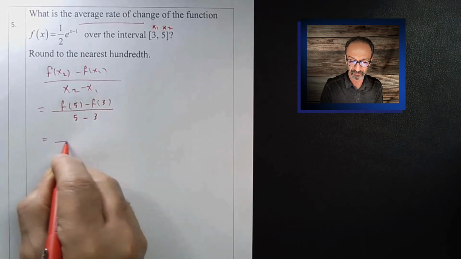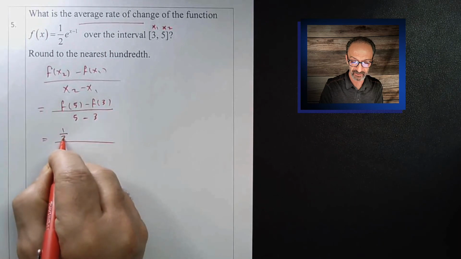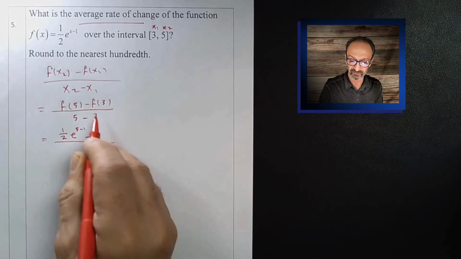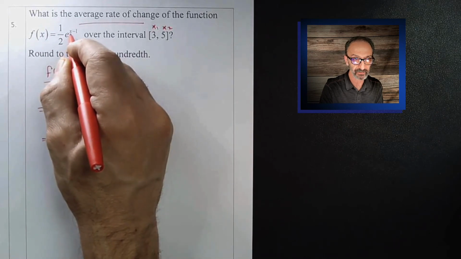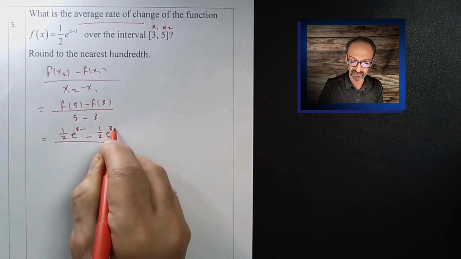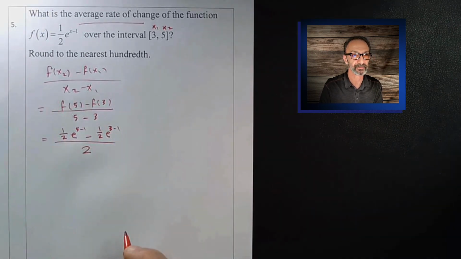Doing the math, f of 5, plug in 5 right here, will be half e to the power 5 minus 1, minus f of 3, plug in 3 here, half times e to the power 3 minus 1, divided by 5 minus 3, which is 2.